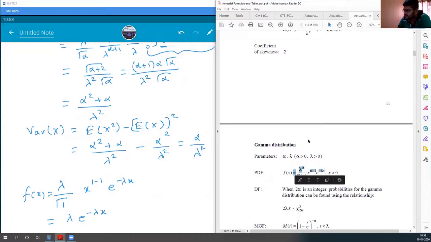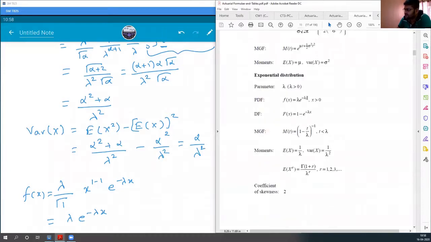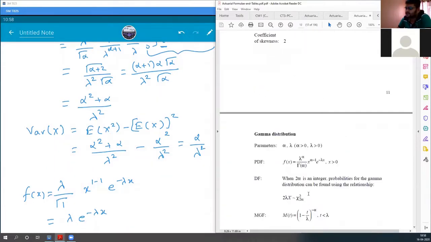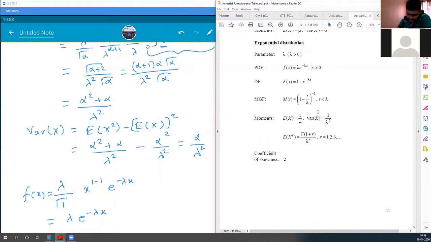So f of x transforms into f of x of the exponential distribution, lambda e raised to minus lambda x. Clearly, if I put alpha equal to 1, I can convert my gamma distribution into the exponential distribution.